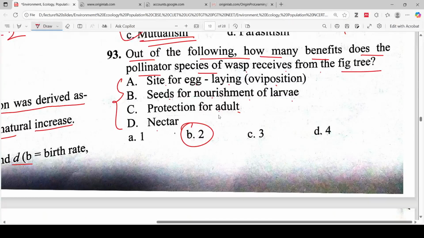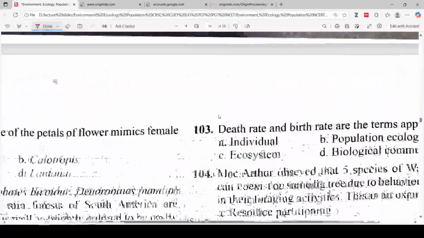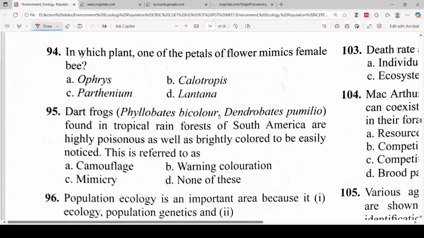Next question. In which plant one of the petals of flower mimics female bees? So the correct answer will be option A.